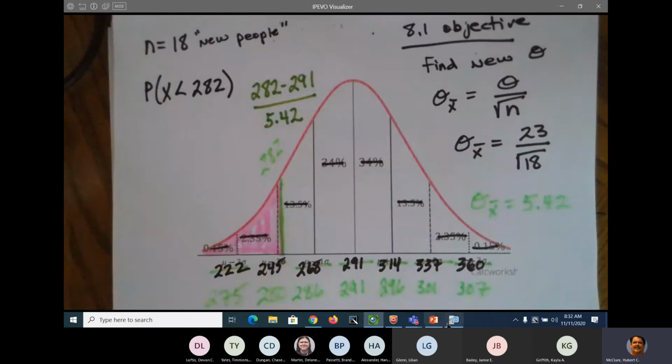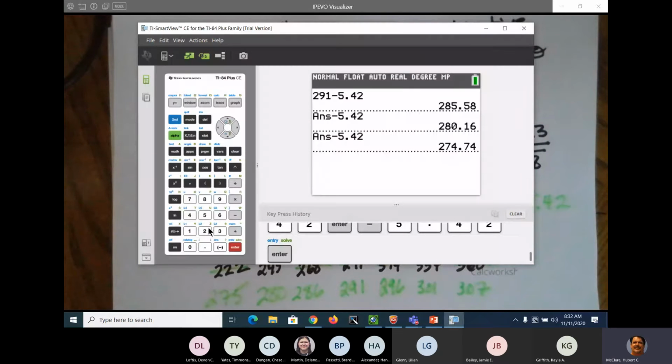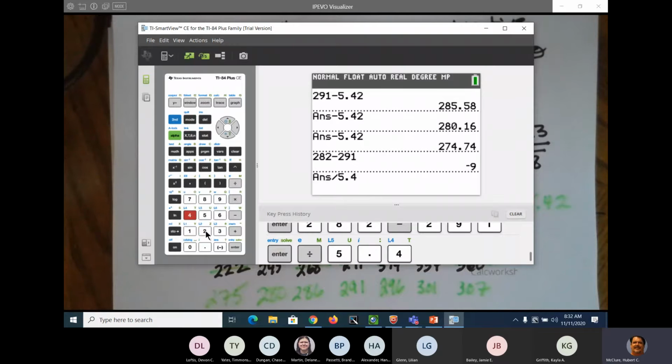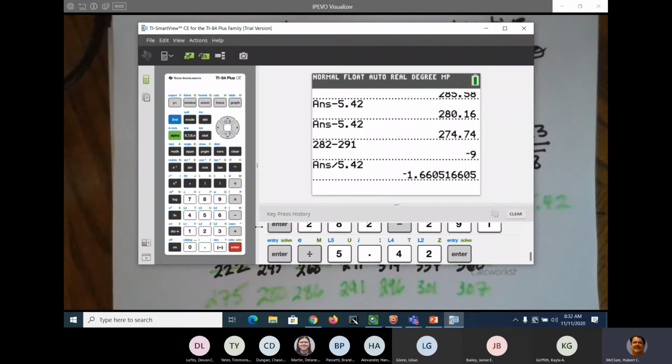So I'm going to take my handy dandy calculator. 282 minus 291 divided by 5.42. And now my z-score is negative 1.66. Negative 1.66.